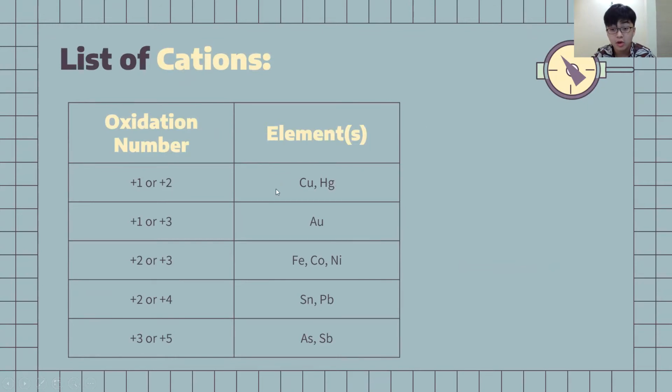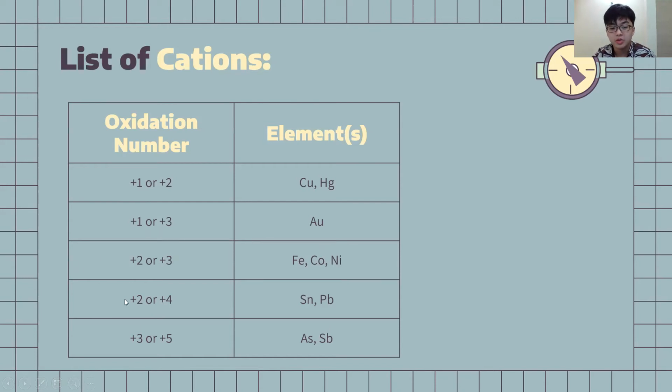Next we have Cu and Hg. Next we have plus 1 or plus 3, and the element is gold or Au. Next we have plus 2 or plus 3, and the elements are Fe, Co, and Ni, or iron, cobalt, and nickel.